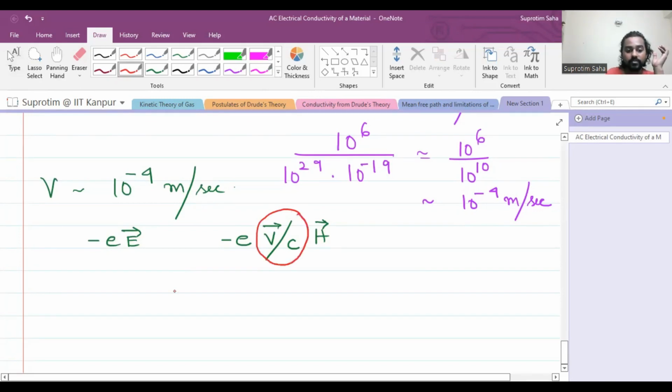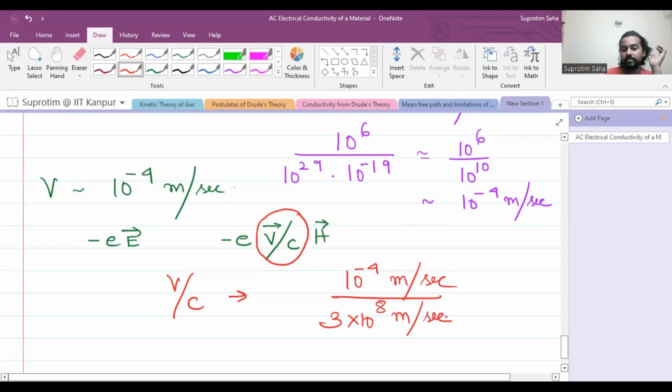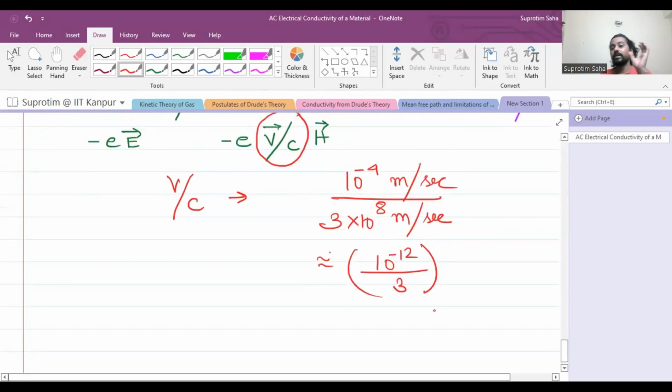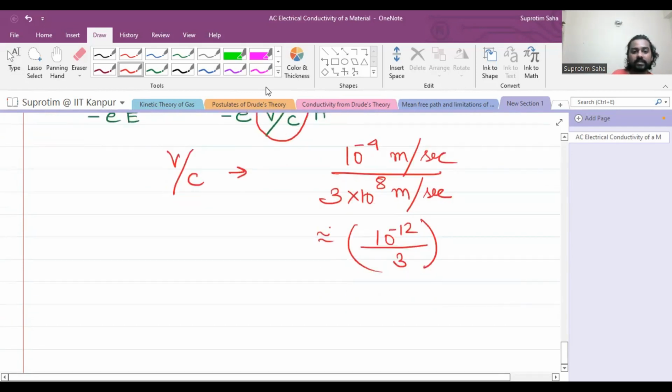So v by c is 10 raised to minus 4 meter per second over 3 into 10 raised to 8 meter per second, so 10 raised to minus 12 by 3. This is the factor by which the magnetic field part is smaller.